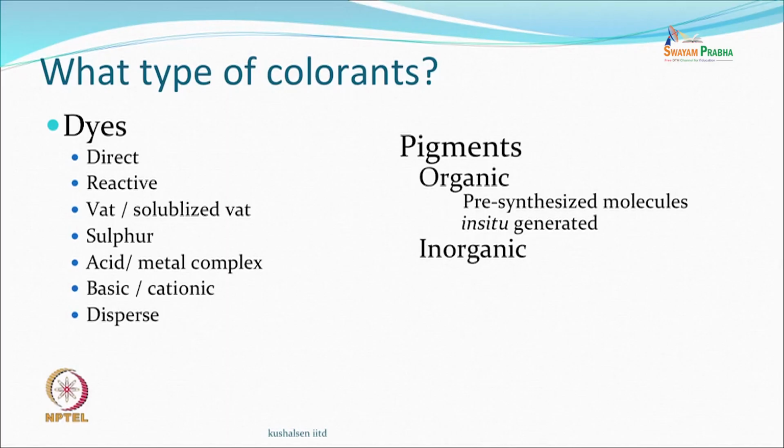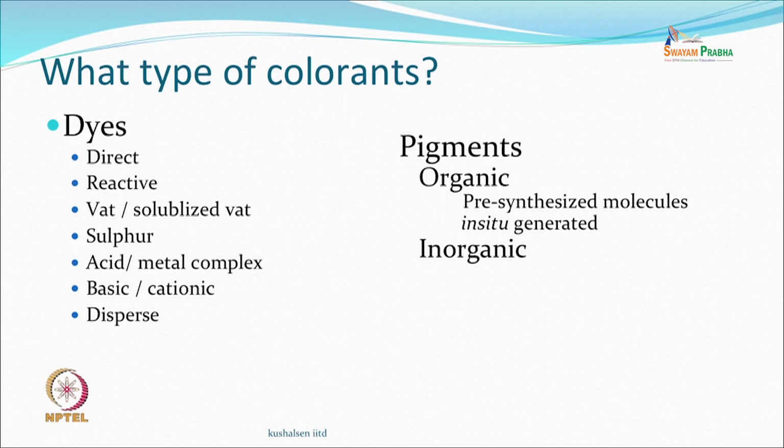Acid, metal complex, basic, that is the cationic dyes, and disperse dyes are the ones which of course are used. And then there are organic pigments, which are like dyes that are insoluble. They can be pre-synthesized molecules as a pigment which will be fixed as a pigment, or they could be generated in situ while you are actually doing this whole process, the pigment gets generated.